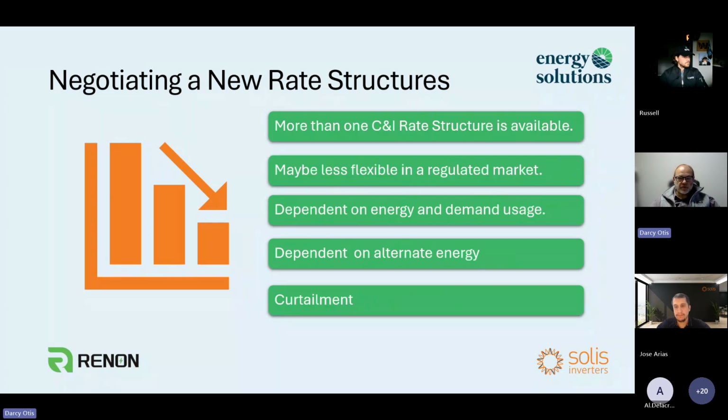Curtailment, for those that don't know, basically means allowing the utility to shut down and or reduce your loads, or basically telling you to do that, and they'll give you a special rate structure if you can curtail. So that's what that is.